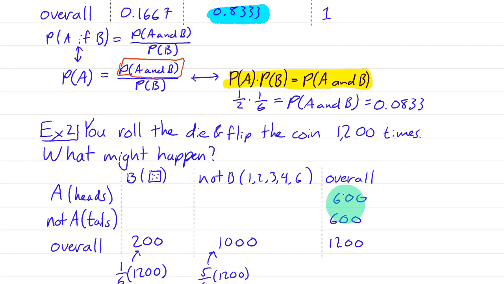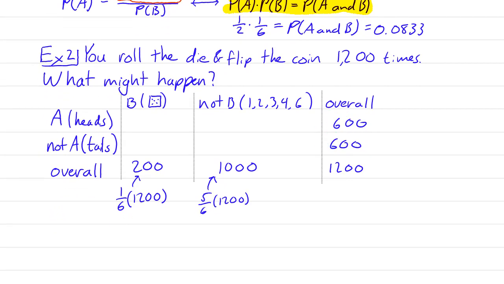We know the probability of A and B is going to be 1/2 times 1/6, just like we calculated before, which comes out to be 1/12 or 0.0833 approximately.